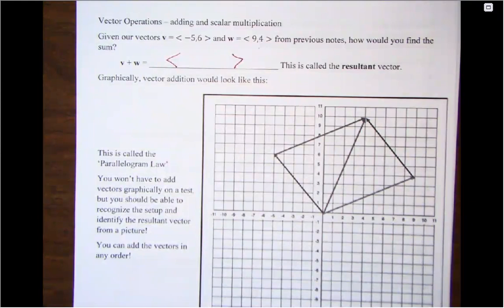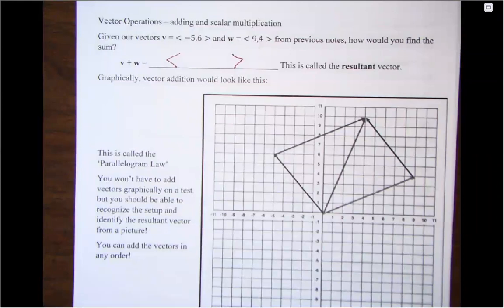What would you assume you would do if you're going to add those two things together? Don't be afraid to be wrong, because you probably won't be. Would you add them separately, or just add them all together?